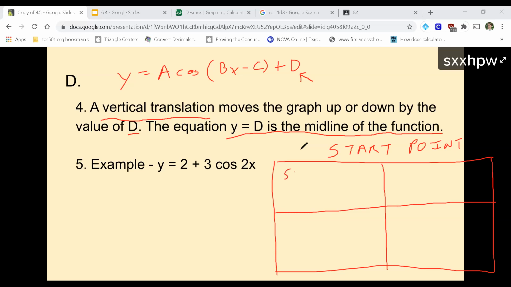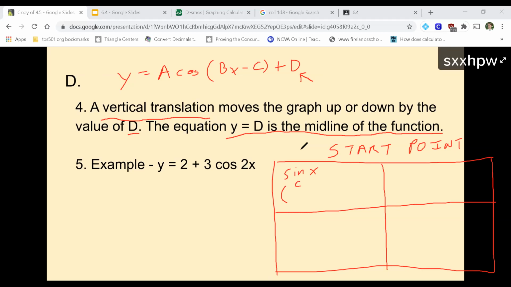So for positive sine, you always start when your y value is 0. But since we are now being translated up or down, we will start where our y value is d.